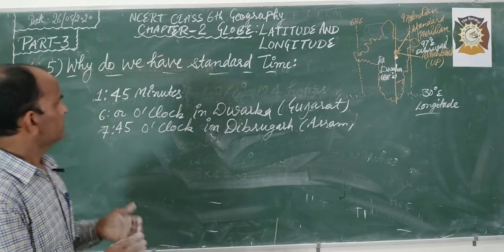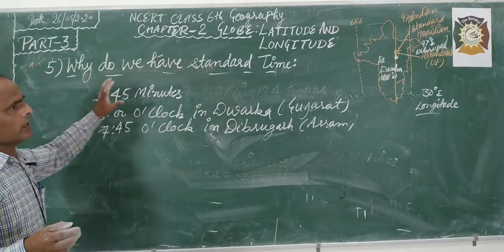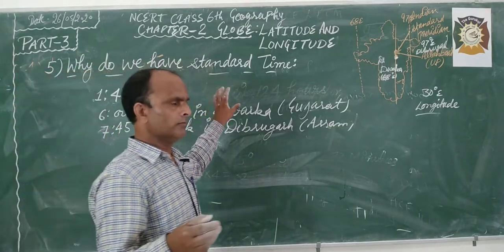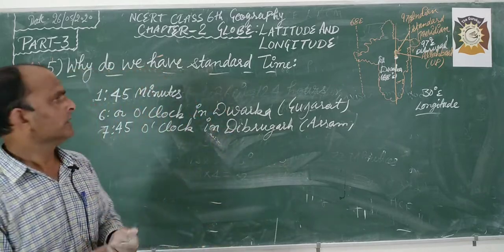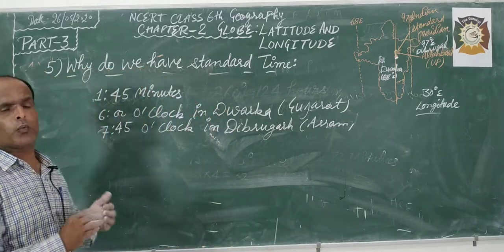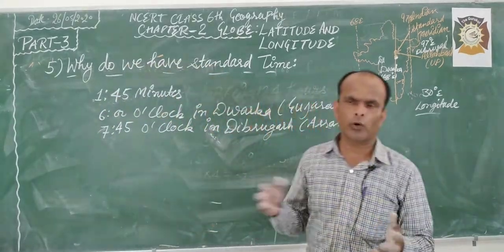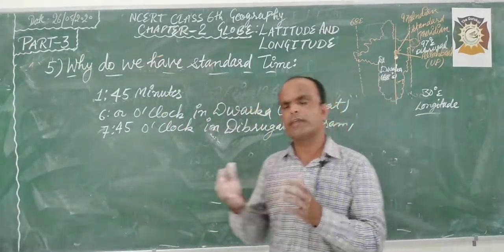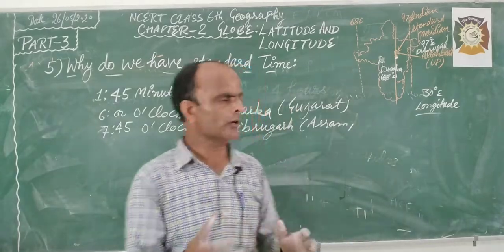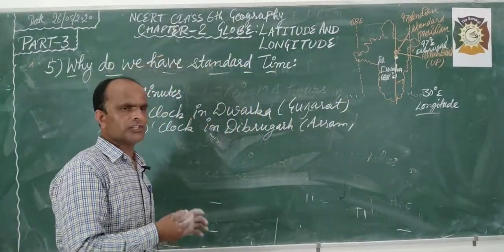And this is part 3 of the lesson, and in this we described the link between longitude and time. Because of longitude we can calculate time, due to the prime meridian of Greenwich.